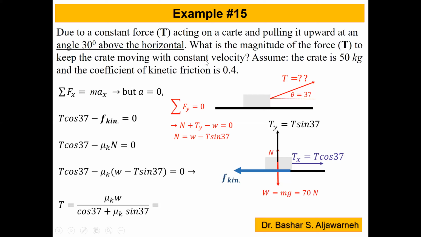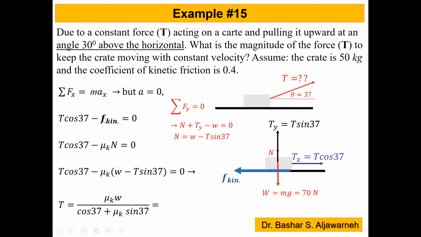So from constant velocity, we can say the acceleration equals 0. Okay, so let me write all the forces along the x-axis. I will find T cosine 37 minus F kinetic, the kinetic friction, equals 0.